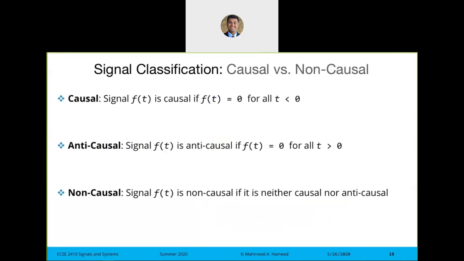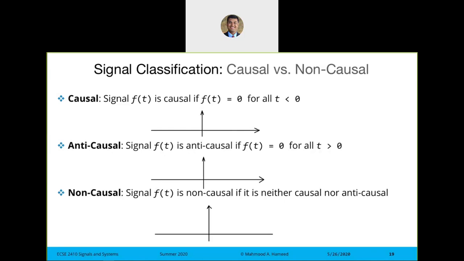The signal classification next we'll consider is causal versus non-causal. So causal: a signal f of t is causal if f of t is 0 for all time less than 0. So if I sketch this out, I have, say, an x-axis and a y-axis. This is time. I'm doing it for all of them at once. All of them have time as the x-axis.